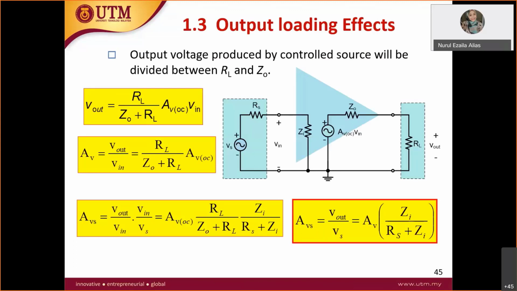All right, now we are solving the output part. The circuit now has AVOC V in, and then it has Z out, and then it has RL. We know that V out, again, they are using the same rule, which is the voltage divider rule.